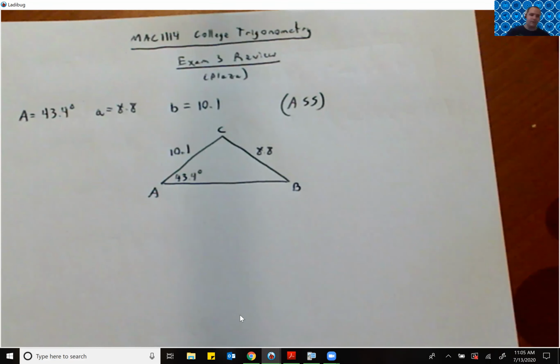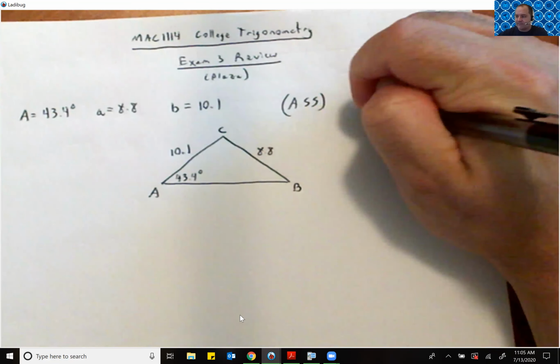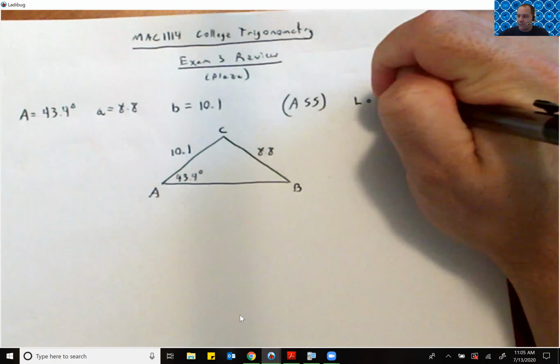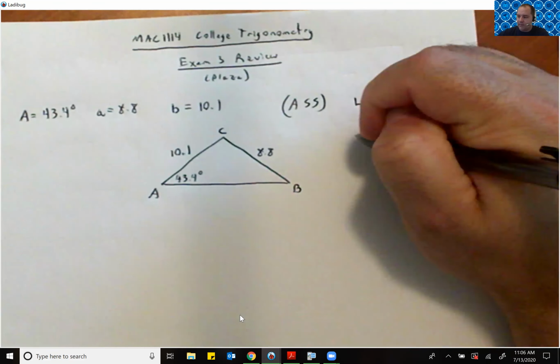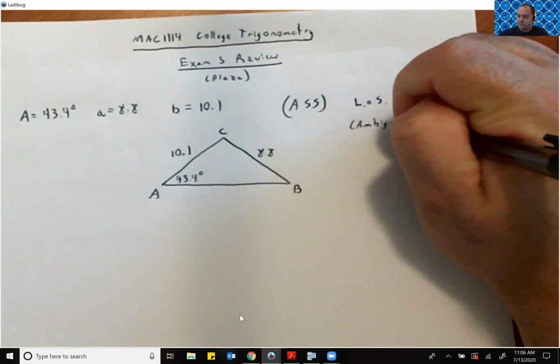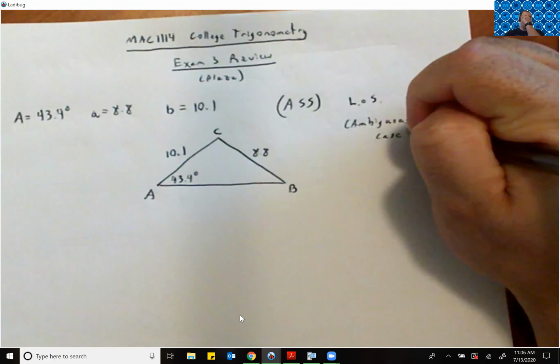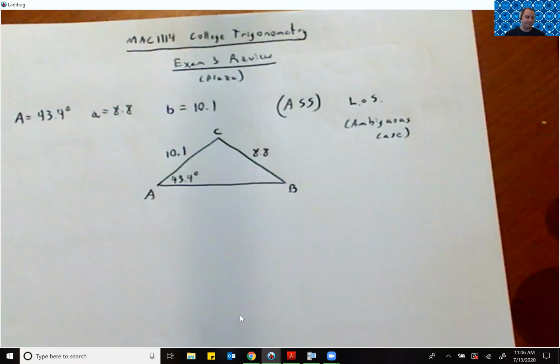So since this is angle side, we are going to be checking law of sines, and we do have to watch out for the ambiguous case. That's what we have here. So we either have 0, 1, or 2 triangles.